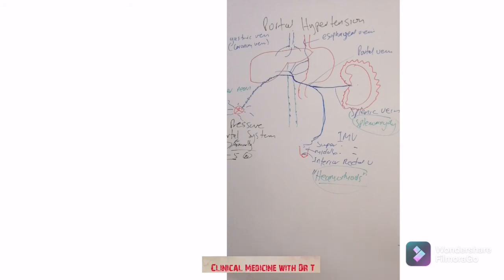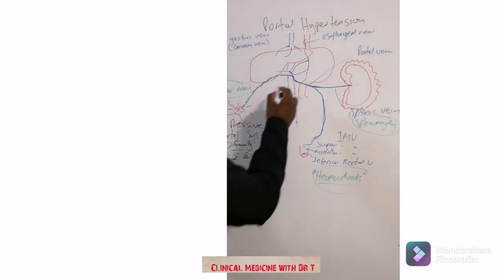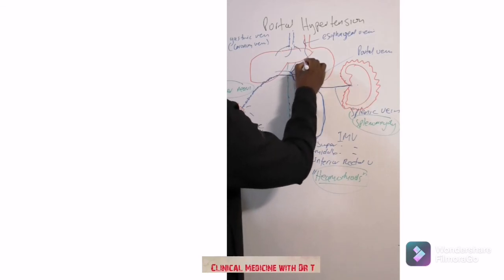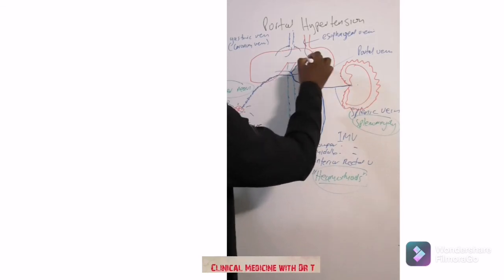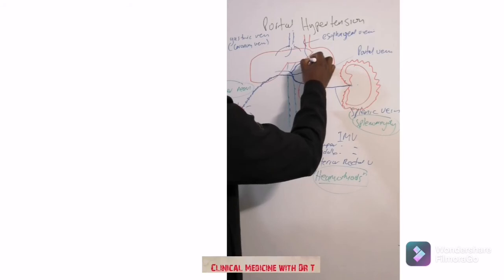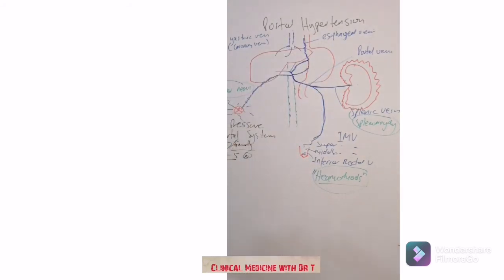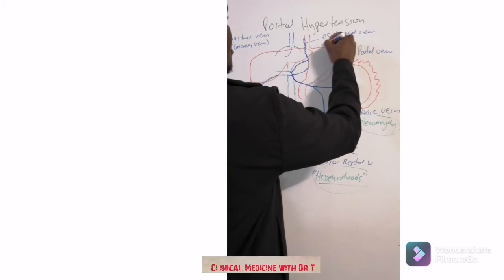Now, when this congestion happens in the right and the left gastric, you're going to get the esophageal veins also being dilated, and that will give you esophageal varices.